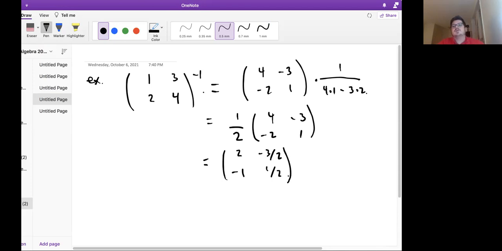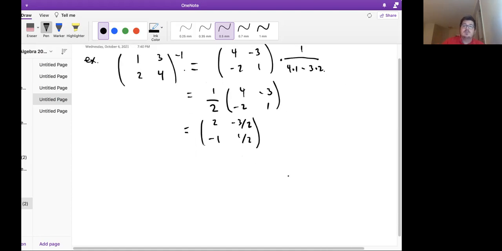Okay, so you can see how we're applying the formula there. Let's check it. How can we check if this is truly the inverse? Maybe we made a miscalculation, or we forgot the formula and messed up. How can we check if we did it right?